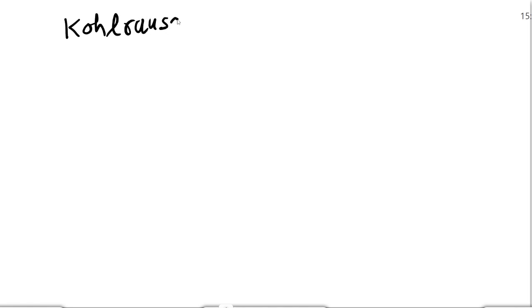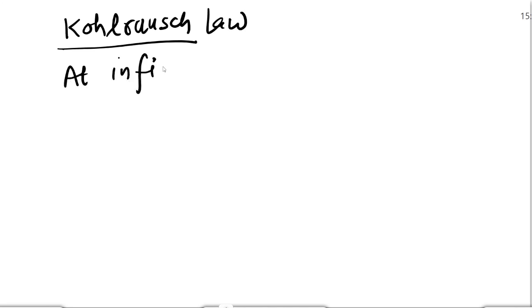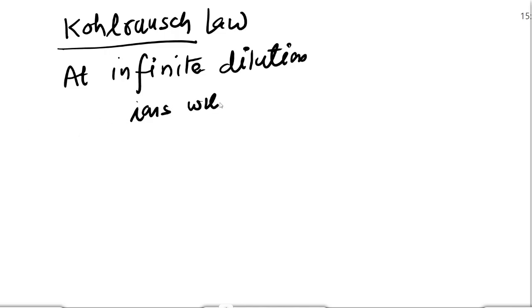What is this Kohlrausch law? That whenever there is infinite dilution, what do you mean by infinite dilution? Infinite dilution means when oppositely charged ions will not interact with each other.